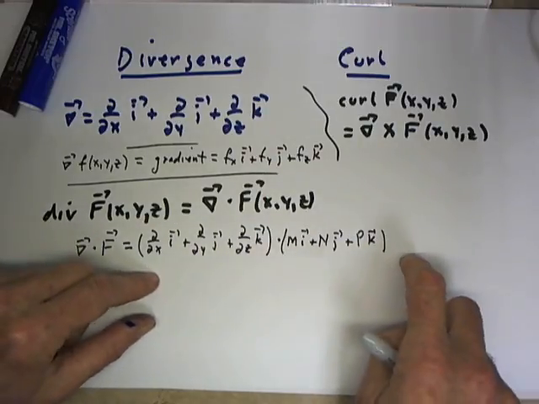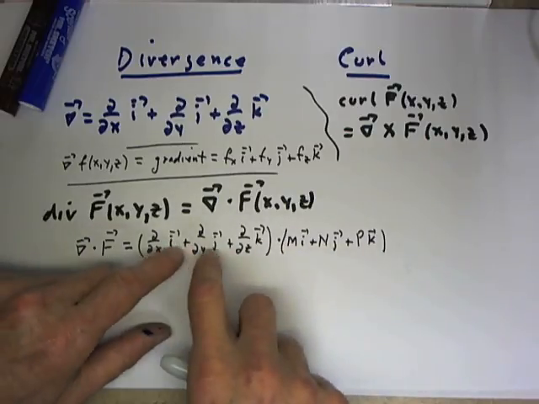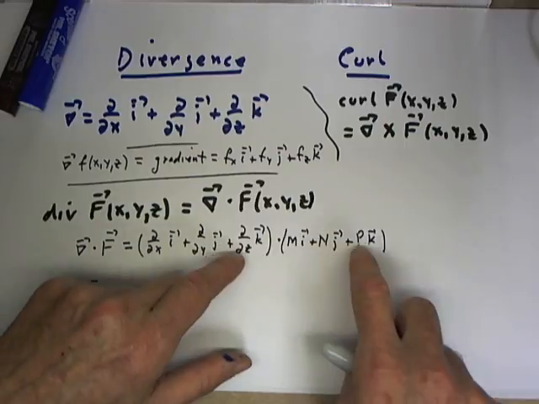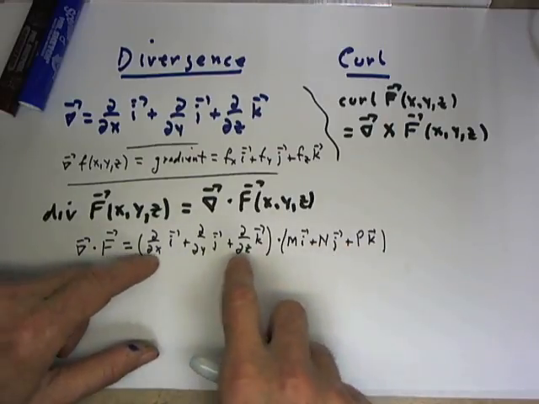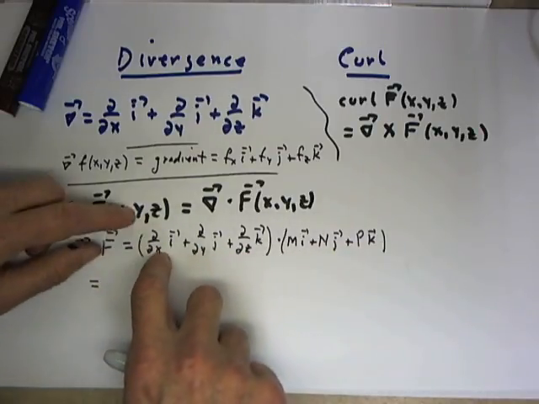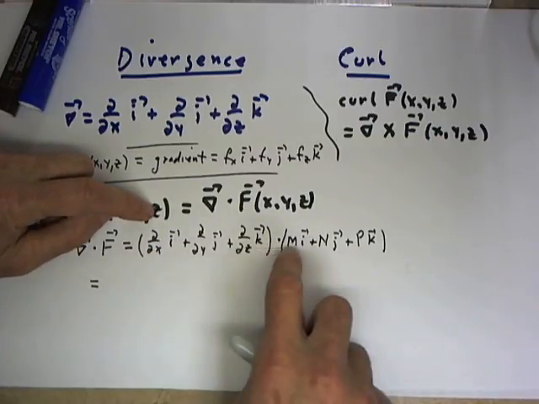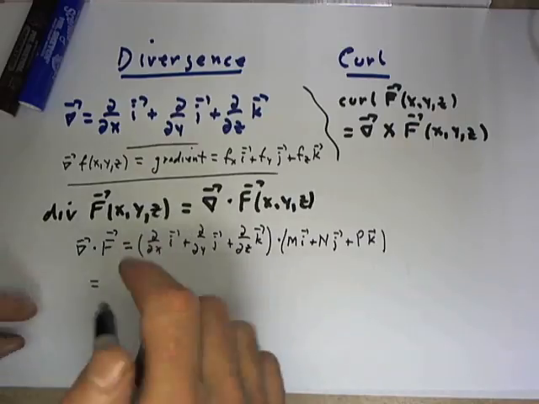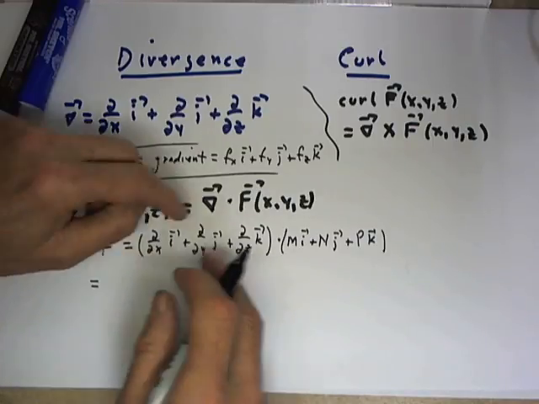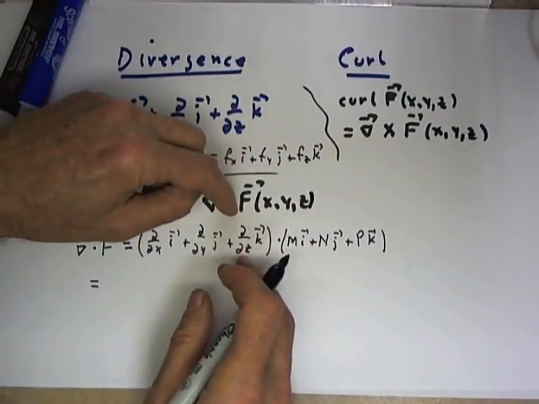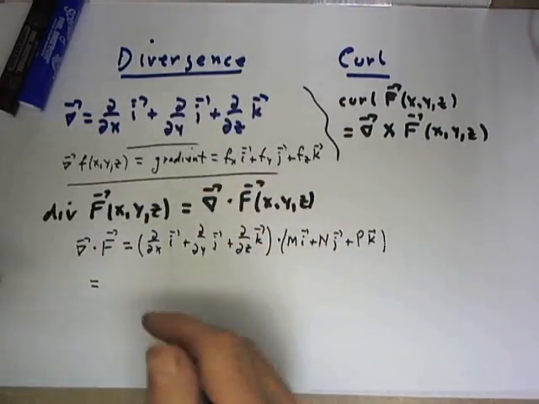How do we do a dot product? Well, in a dot product of actual vectors, we'd multiply the i, the j, and the k components paired up in that manner. With a vector operator, we treat it pretty much the way we would with a dot product of two vectors. We do the partial with respect to x of m plus a partial with respect to y of n plus a partial with respect to z of p.